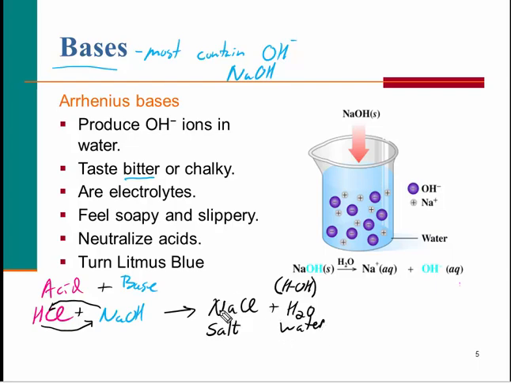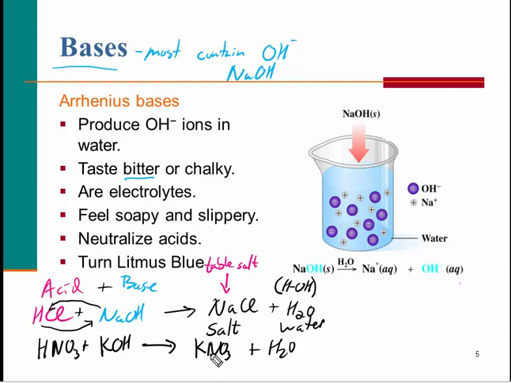Now, this is table salt. We've all used table salt, but you can have other types of salt. So, for example, we can have, say, nitric acid and potassium hydroxide. This will give us a salt. This will give us potassium nitrate. And H combines with OH to give us water, H2O.